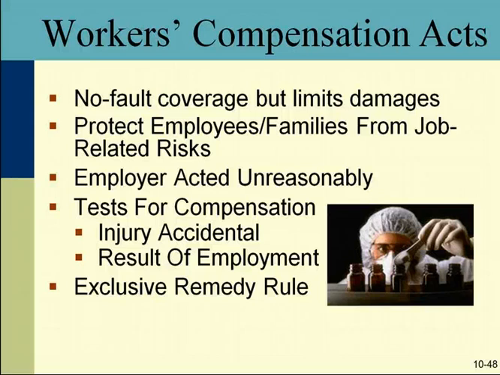They do not have to show that the employer was negligent. They get paid anyway, and the employer cannot come by and talk about contribution. It is no fault. The purpose is to limit the amount of compensation that is paid out.